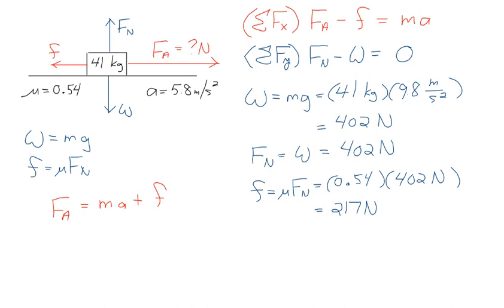And then just plug in the numbers. So the applied force is MA plus friction. So for the mass, we put in 41 kilograms. For the acceleration, we put 5.8 meters per second squared. And for friction, we put 217 newtons.